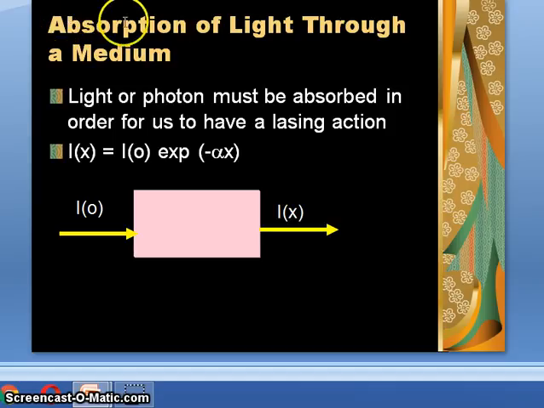In absorption of light through a medium, light or photons must be absorbed in order for us to have a lasing action. Ix is equal to I naught exp minus alpha x, where I naught is the incident intensity, Ix is the intensity after distance x, and this is the system or active medium.